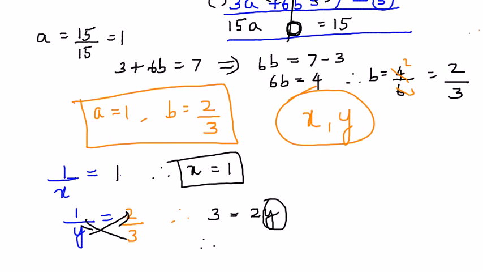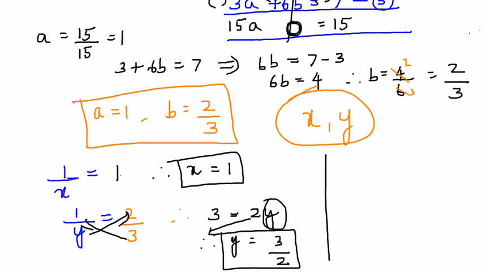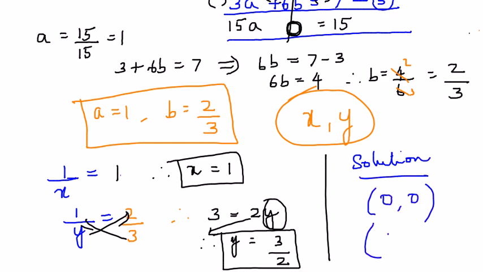Therefore, y will be equal to, the 2 in the பக்கம் கீழே போயிடும், 3 by 2. So you have y is equal to 3 by 2. Therefore, you have two solutions for this set of equations, right? One solution is 0, 0 and the other solution is 1, 3 by 2.